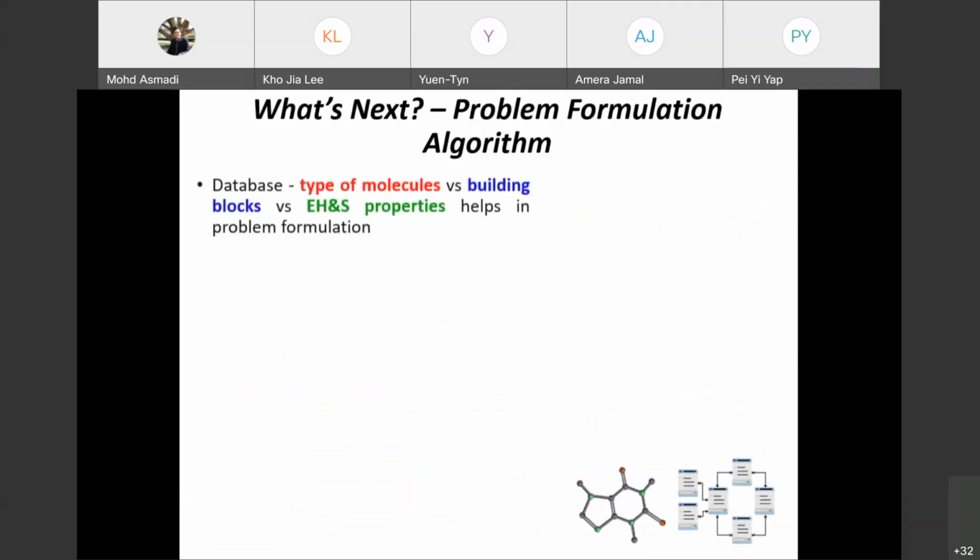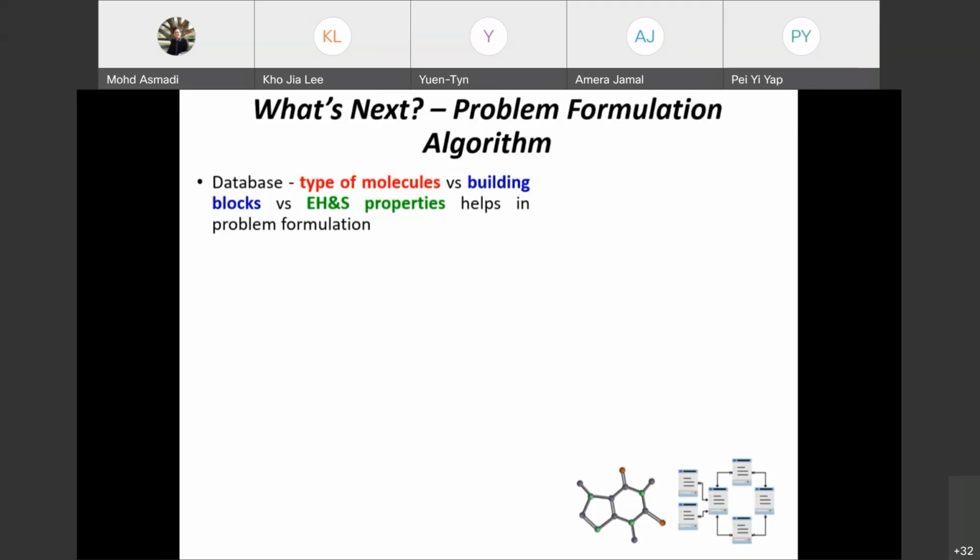The database actually contains information on the type of molecules versus the building blocks. Building blocks are, for example, groups, as well as type of molecule versus EHS properties, which can help in the problem formulation.